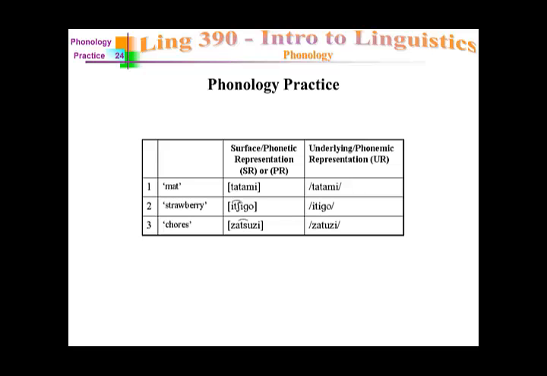In this case, because we know that ch only occurs before e, and that t and ts never occur before e, we can say that t becomes ch when it occurs before e. And because we know that ts occurs only before u, and that t and ch never occur before u, we could say that t becomes ts when it occurs before u.